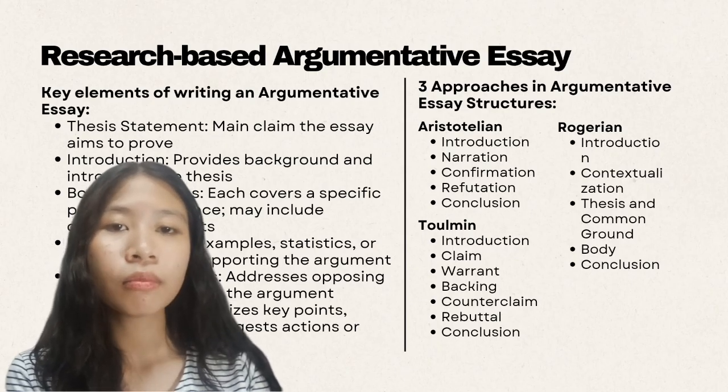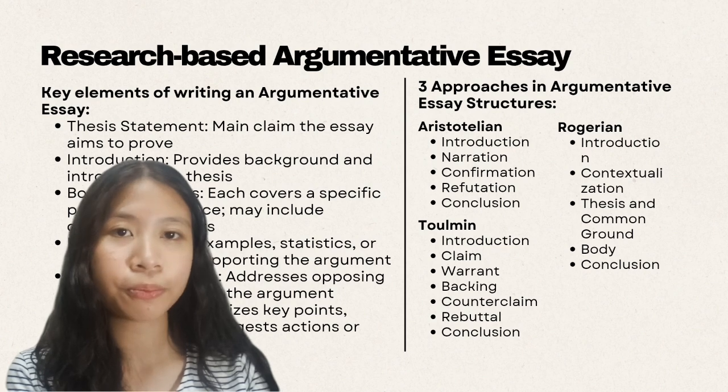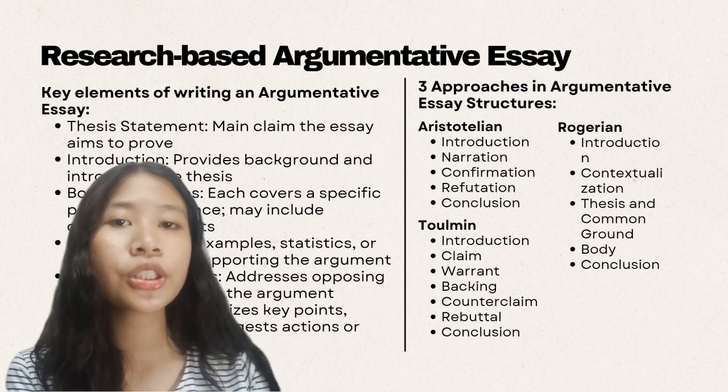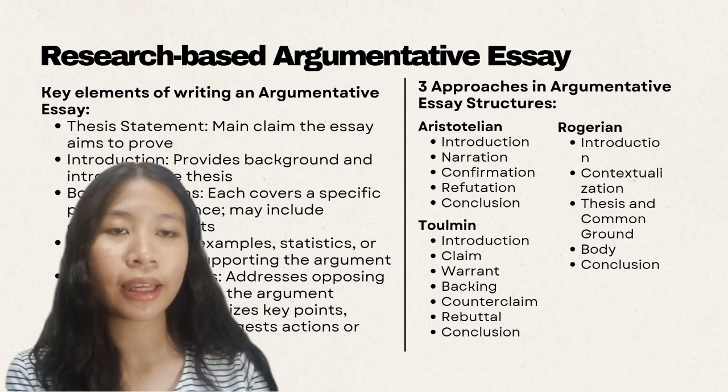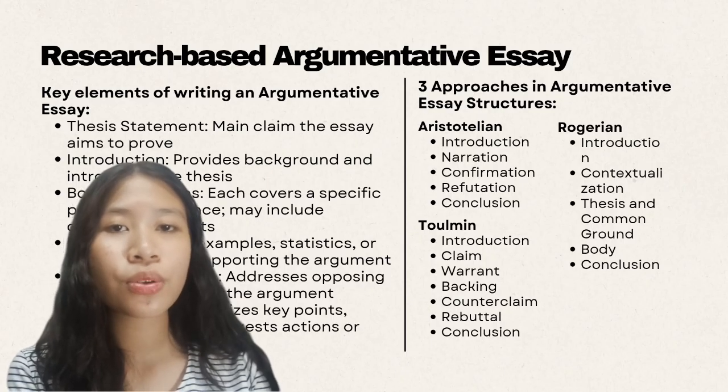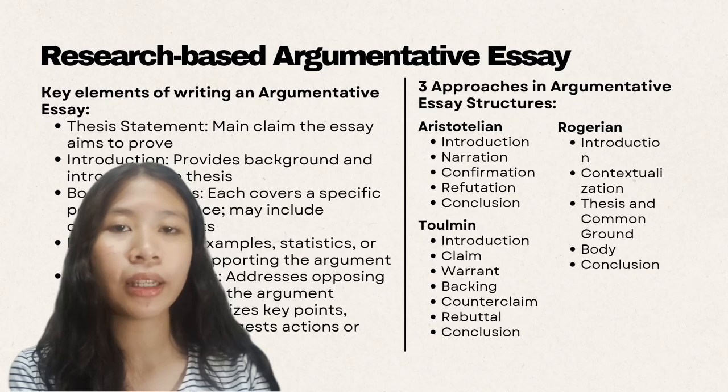Meanwhile, the warrant links the evidence to the claim, which clarifies the relationship among various pieces of information. To further justify the warrant, it is advisable to incorporate a backing. This ensures the warrant's validity and strengthens the reasoning behind the argument.